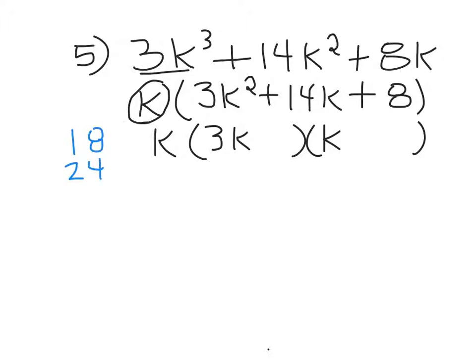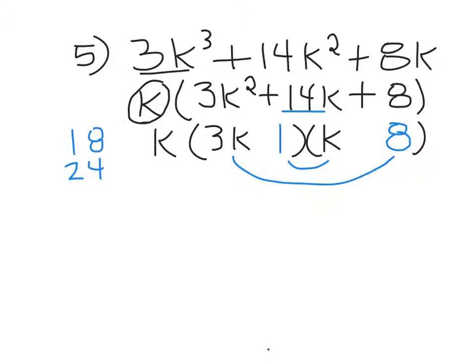Okay, now I'm just going to have to play with them and see which one will give me this 14 in the middle. So first I'm going to try 1 times 8. So I need to check those middle terms. This is 1k and this is 24k. So 1k and 24k, there's no way I'm going to get a 14 out of that.